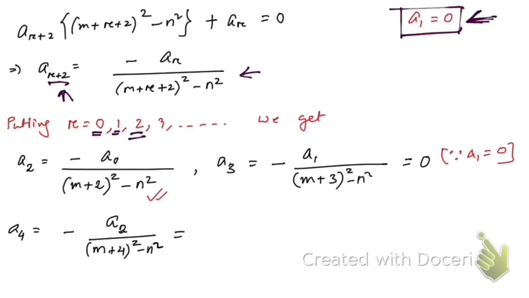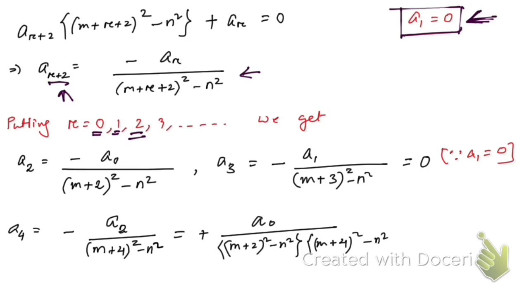So now replace a2 by this value, and then we're going to have plus a0 divided by (m+2)² − n² into (m+4)² − n². That's what we're going to have, right? Sorry, let me write it properly.